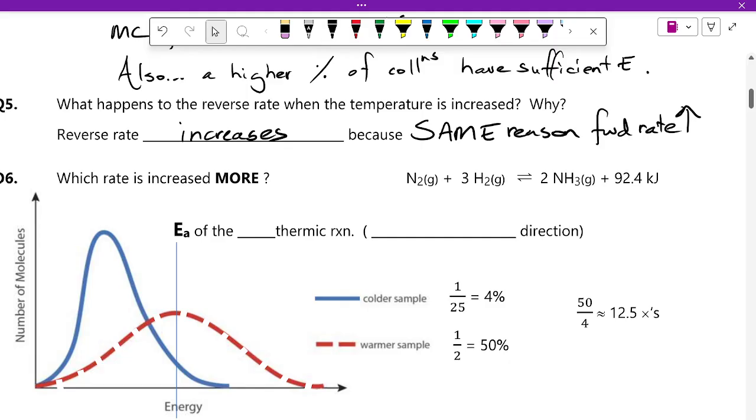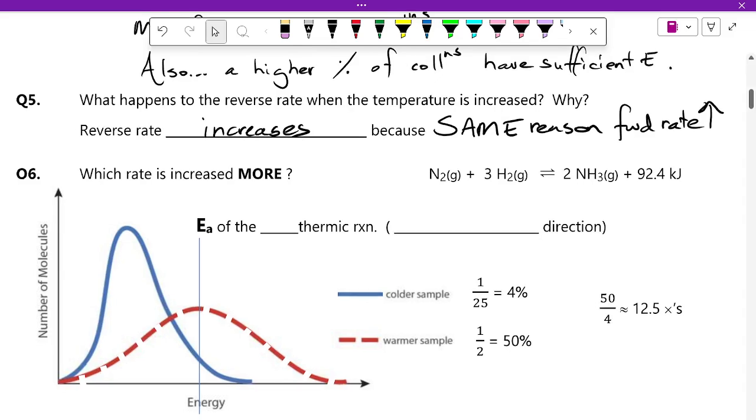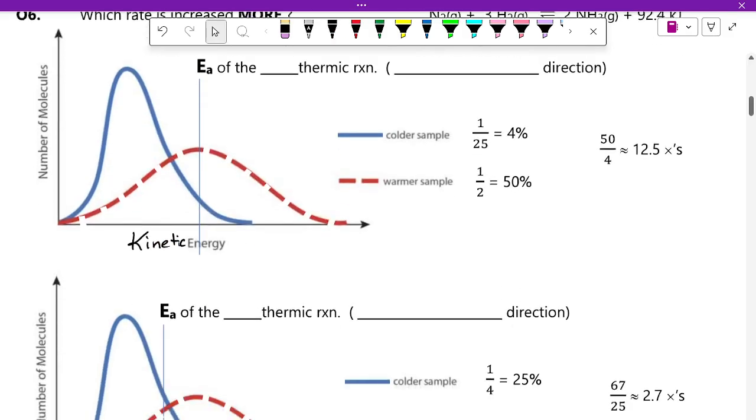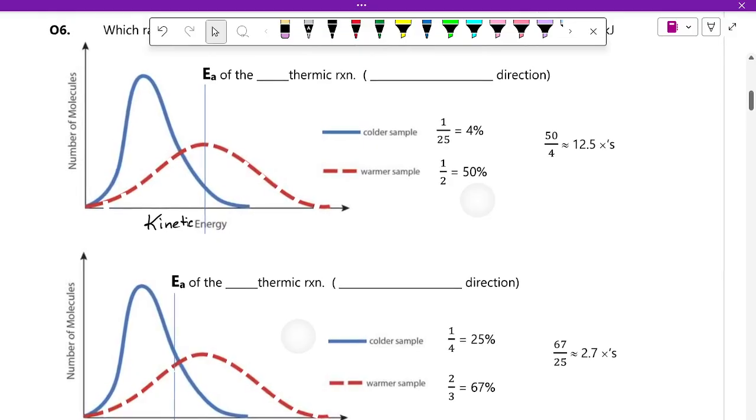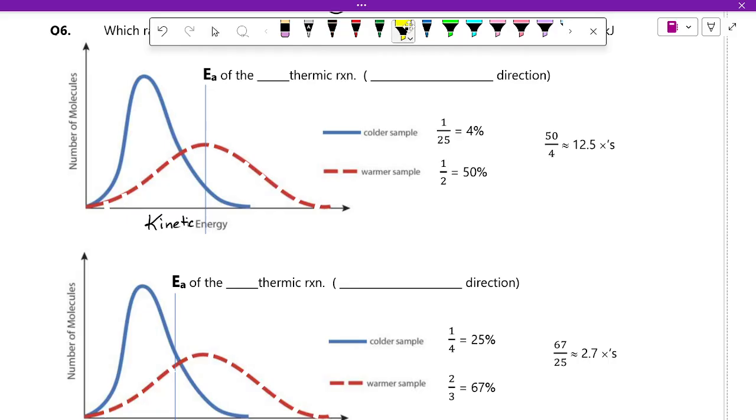So here we have our kinetic energy diagram, right? It says energy, but it should say kinetic energy. Out of these two diagrams, which one represents the endothermic and which one represents the exothermic reaction, given their activation energies?